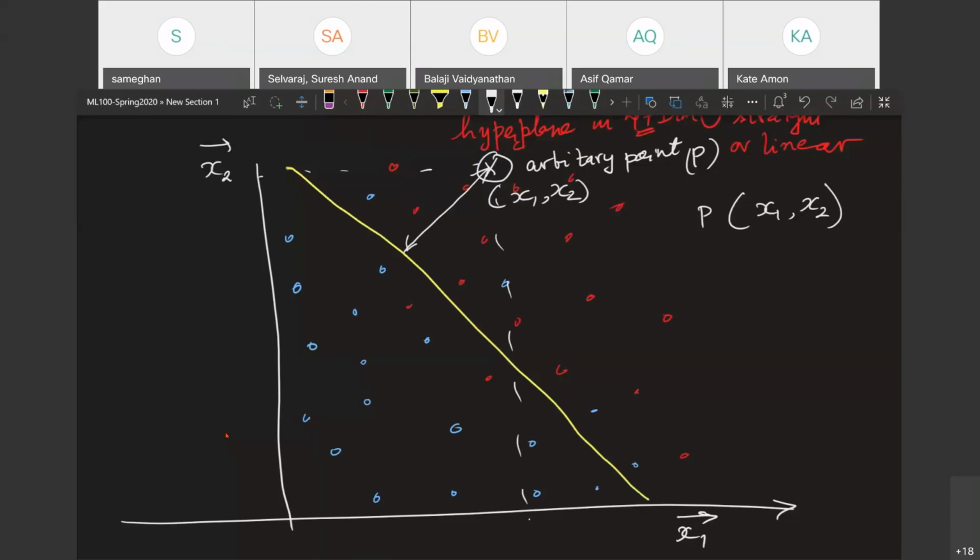I will call it the distance, D of point P. We'll define it as distance, and by distance it is always the shortest distance. It is implicit. So when people in this field talk about distance, it is implicit that, unless stated otherwise, they are looking for the shortest distance from the decision boundary.